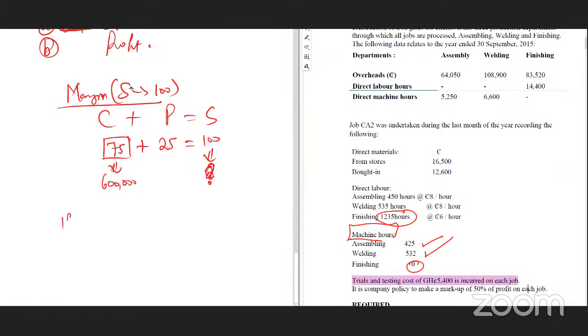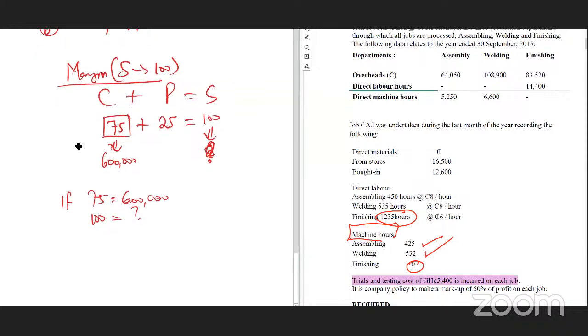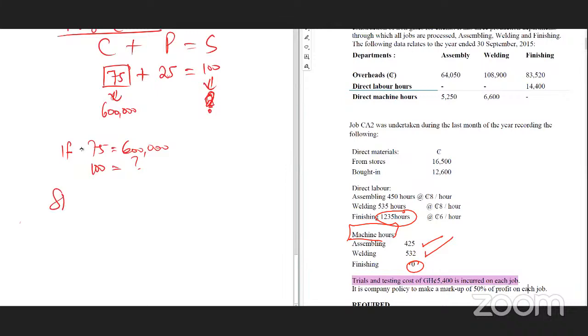So in that case, if 75 was equivalent to 600,000, not so, then 100 will be what? We don't know, but it will be more, right? If more, let's divide. So our selling price or our sales becomes 100 out of 75 times that 600,000, right? And that gives us 800,000, right?